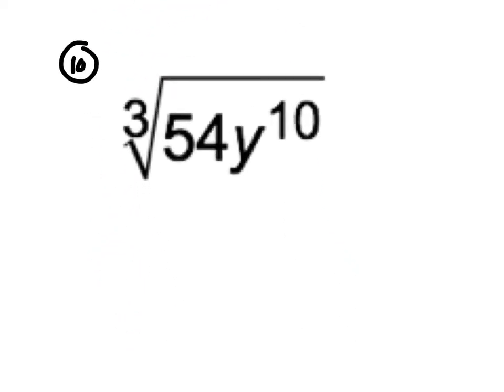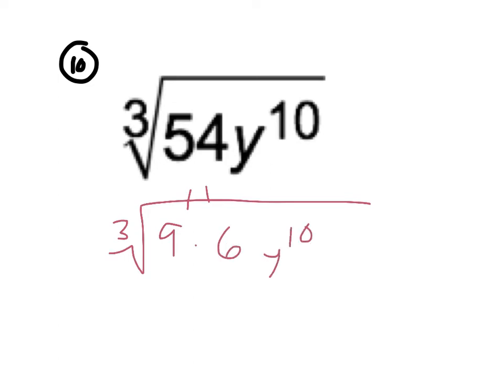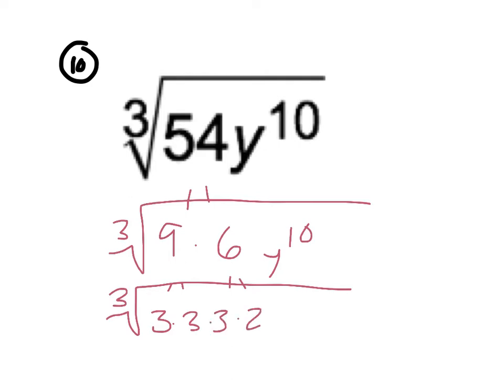Let's go to 10. So again, we have the cubed root of 54y to the 10. So 54 breaks down into 9 and 6. And then we have y to the 10. 9 breaks down into 3 and 3. 6 breaks down into 3 and 2.